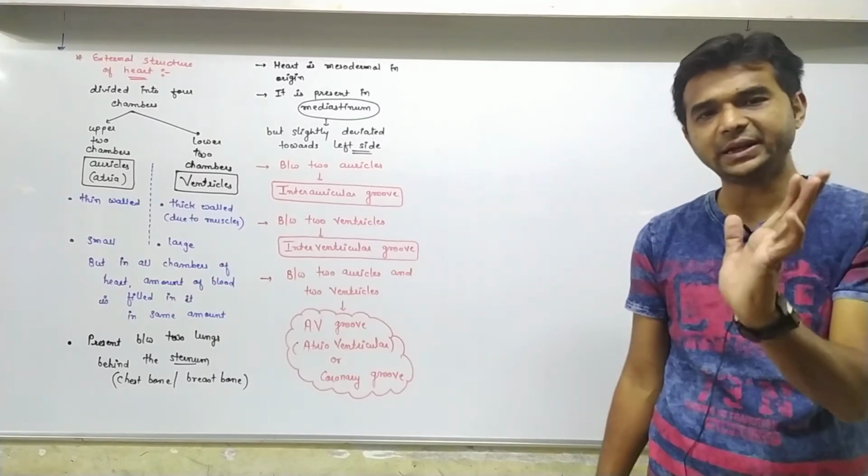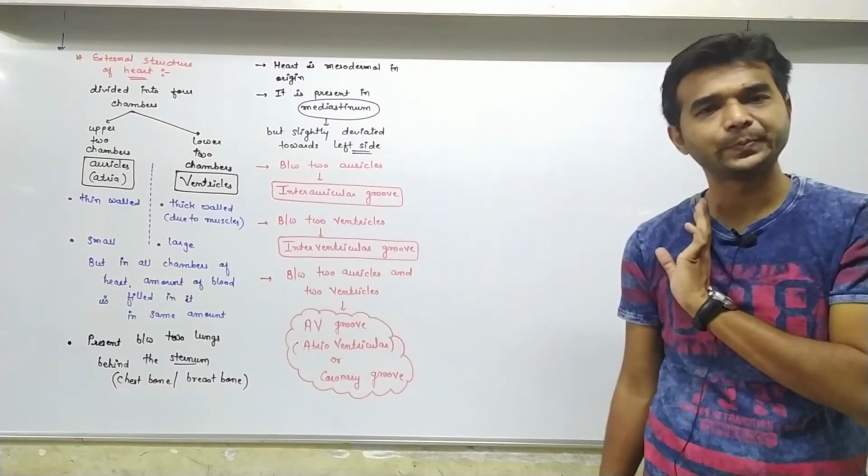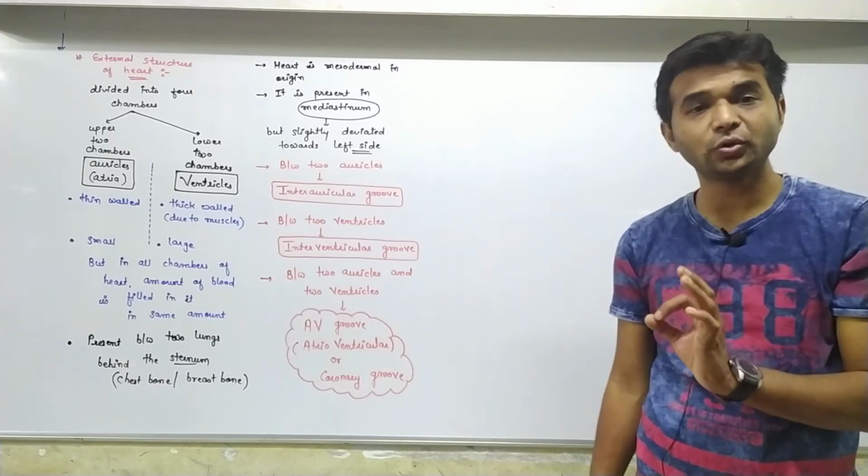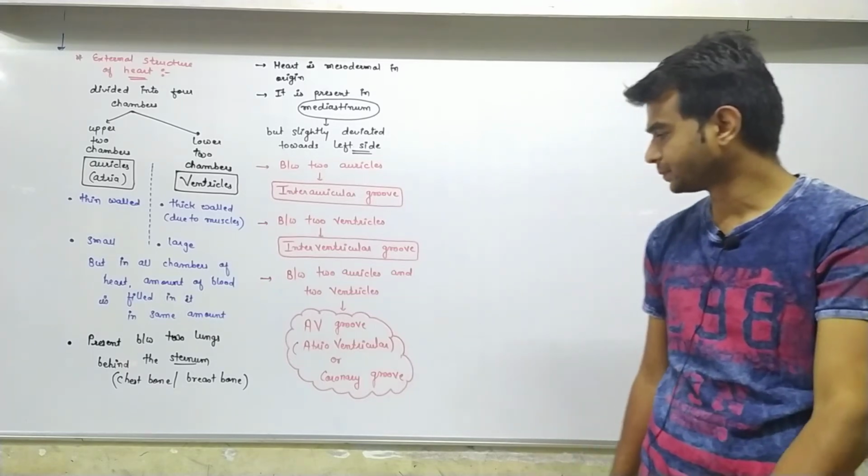AV groove means atrioventricular groove. AV groove is also known as the coronary groove.